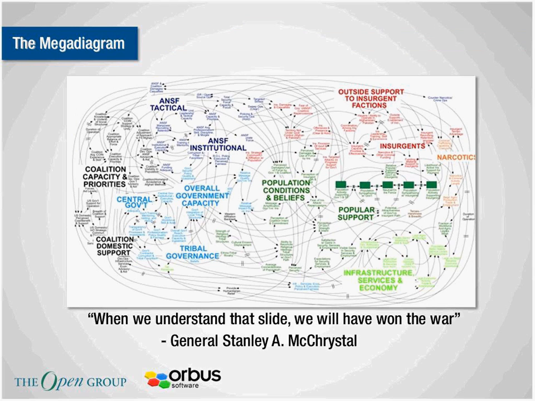There are level items here: conditions and beliefs, popular support, infrastructure services. Focus on what are the key elements. An excellent book, again, I can recommend, Enterprise Architecture as Strategy, and they consider the idea of the core diagram, which is just top-level elements.